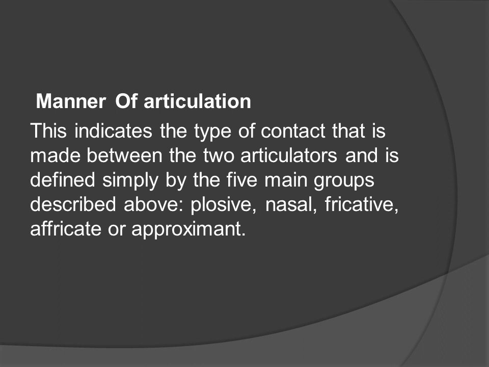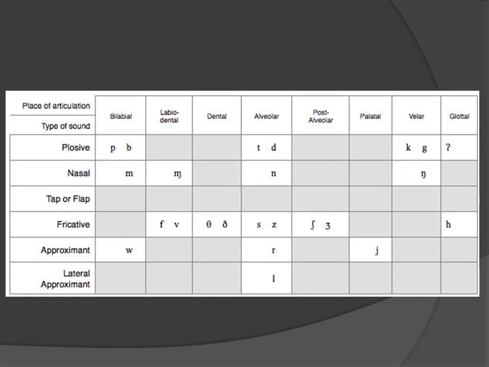واحنا صنفنا هذه الأصوات حسب manner of articulation to be plosive، والnasal وصنفنا الfricative والaffricate or approximant. هذا المخطط يوضح شلون أوصف كل الأصوات الصحيحة اللي موجودة باللغة الإنجليزية. إذن عندنا place of articulation، وعندنا manner of articulation، وعندنا voicing. هنا عندنا place of articulation وصنفناها على أنه bilabial, labiodental, dental, alveolar, post-alveolar, palatal, velar, glottal. هذه حسب place of articulation.